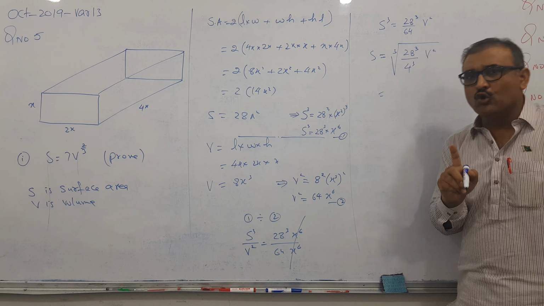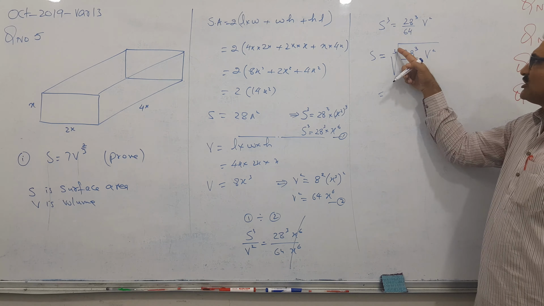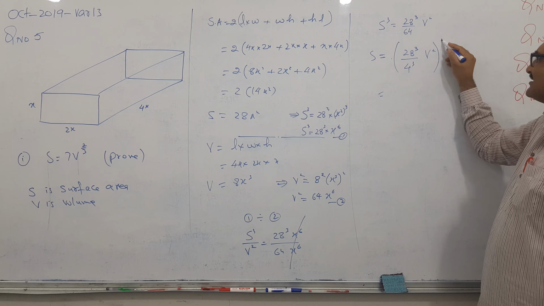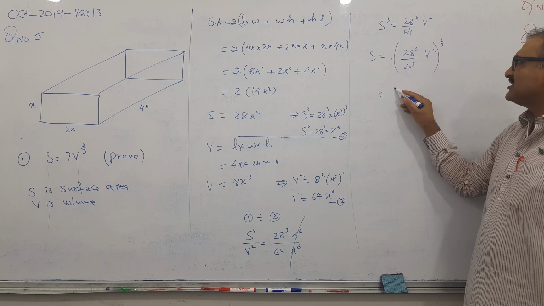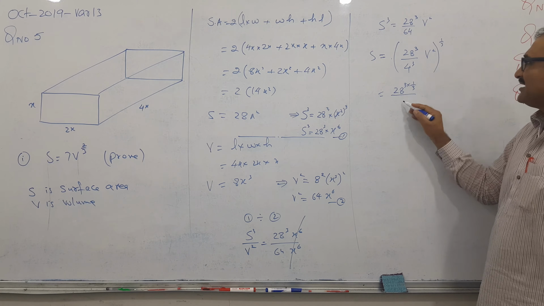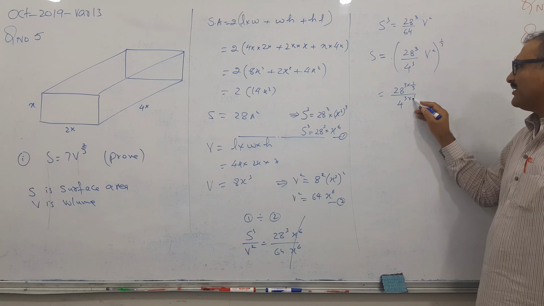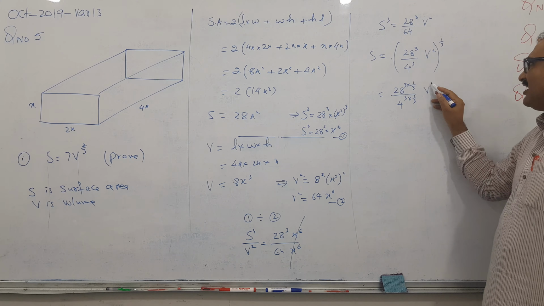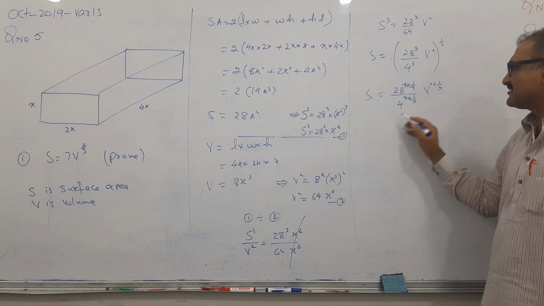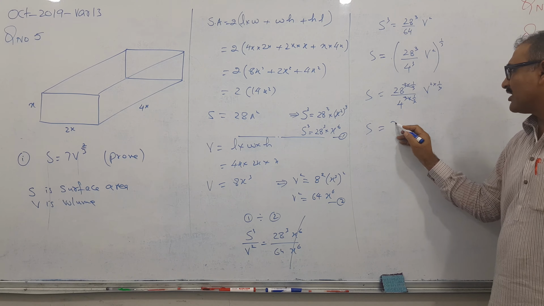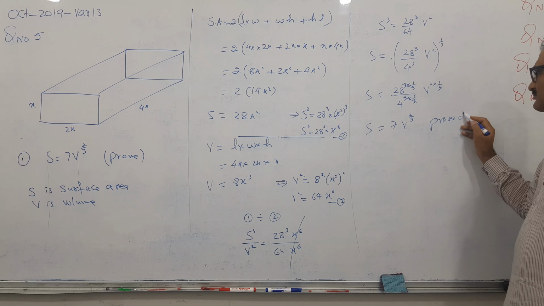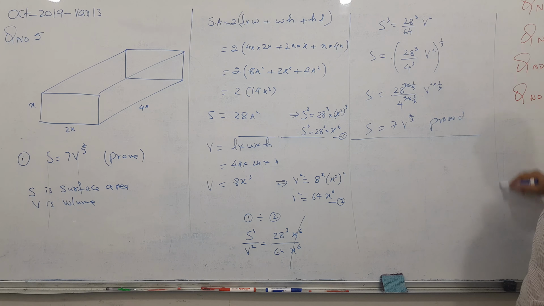An algebraic rule: in case of multiplication, the cube root, which is actually 1 by 3, goes separately to each factor, like 4 to power 3 into 1 by 3, and V squared into 1 by 3. So this cancels, and 4 7s are 28. So I got 7 and here V to power 2 by 3. So proved. One part is very, very clear and over.